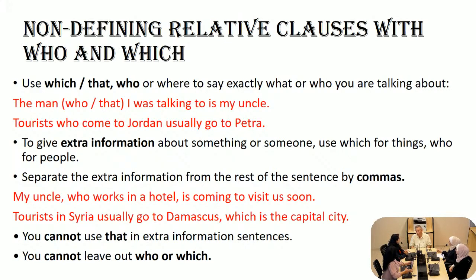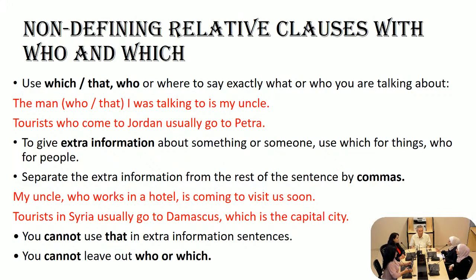But our grammar in the book is non-defining. With non-defining, we cannot use that when it is clear, like tourists. So we cannot say tourists that come. Tourists who come. But the man who or that is accepted. Yes, continue, please. To give extra information about something or someone, we use which for things, who for people.